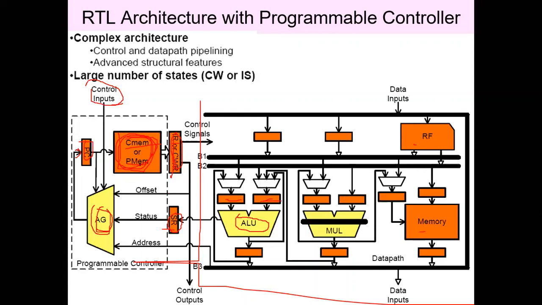Once the control signal is given by the controller, the data path needs to execute that particular instruction, do some data manipulation, and give back the data.